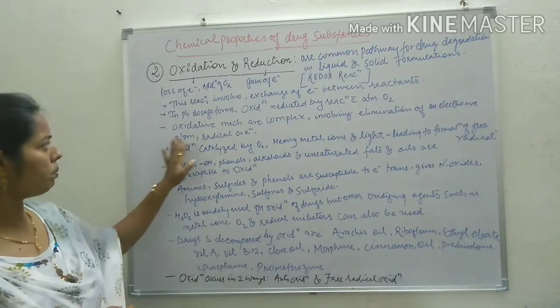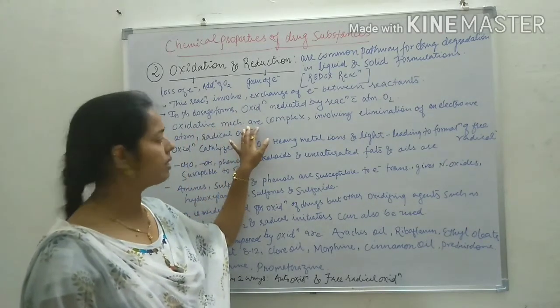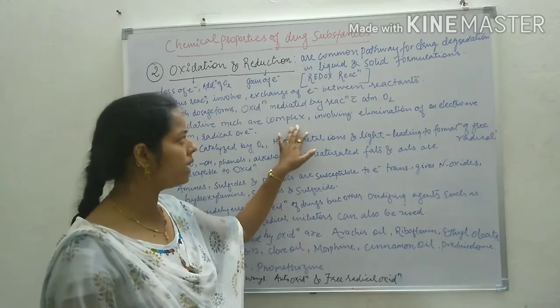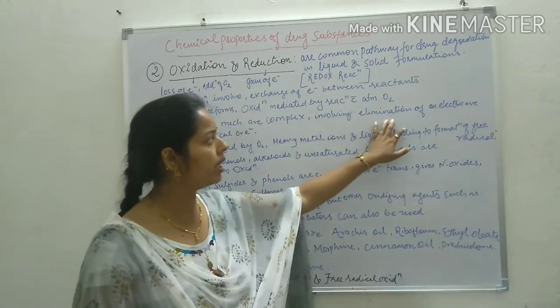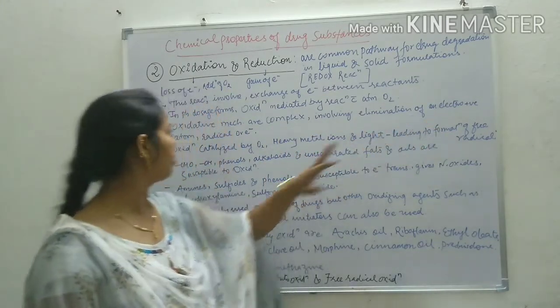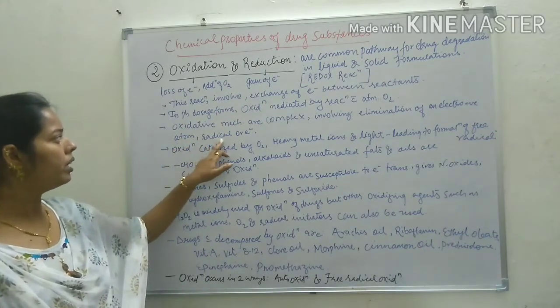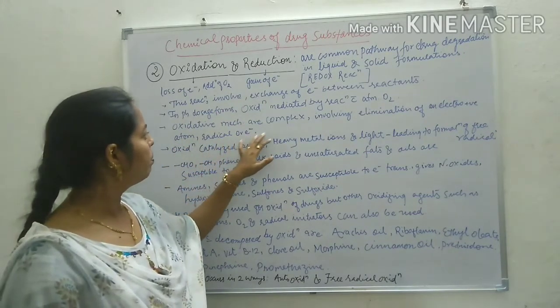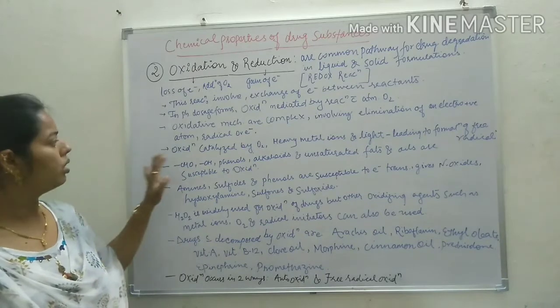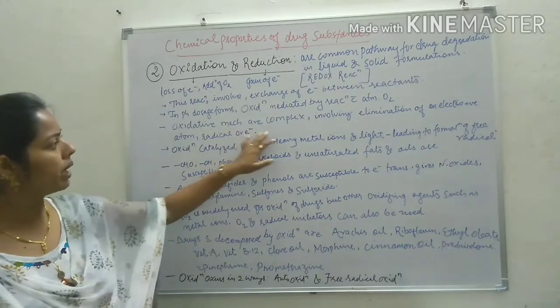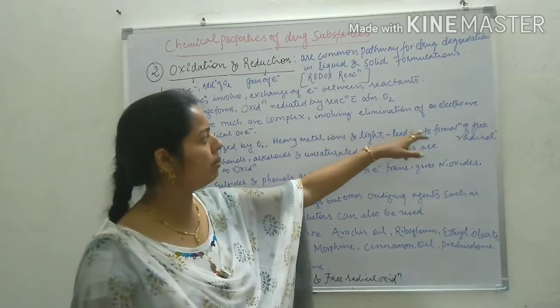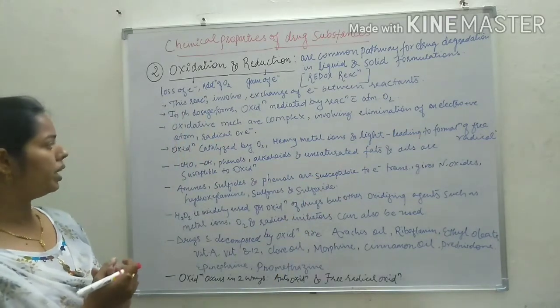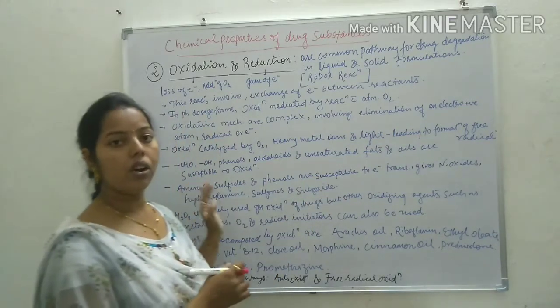After that, oxidative mechanisms are complex and they involve elimination of an electropositive atom, radical or electron. So there could be a mechanism which involves elimination of an electropositive atom or radical or electron.